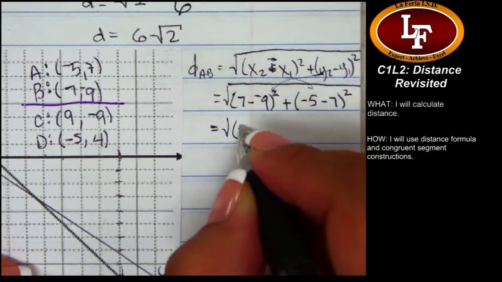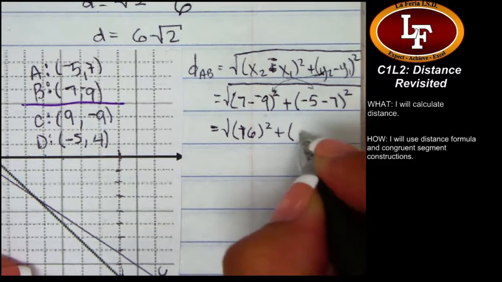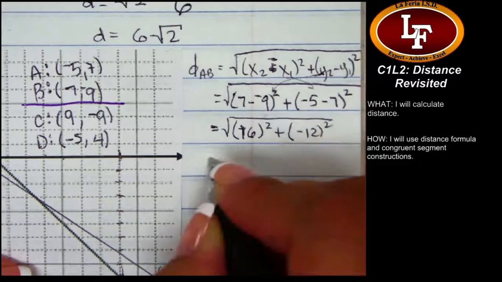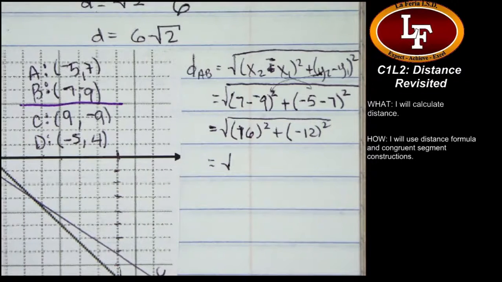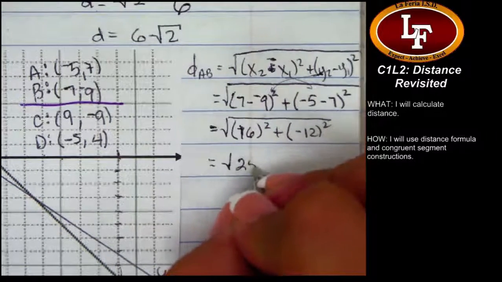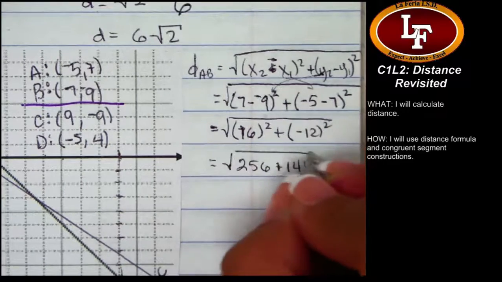All right, here we're going to continue with my example. 7 plus 9 is 16. This is going to be a negative 12. 16 squared is, I need to grab my calculator to help me out, 256, and 12 squared is 144.